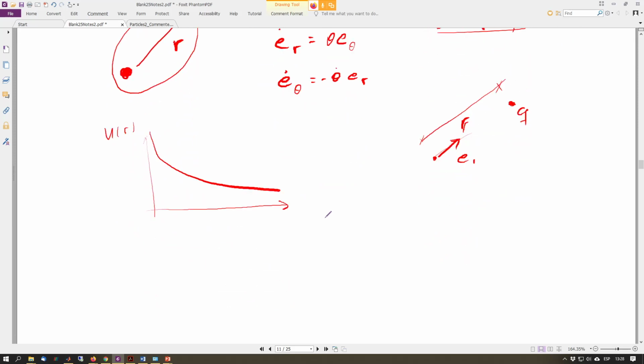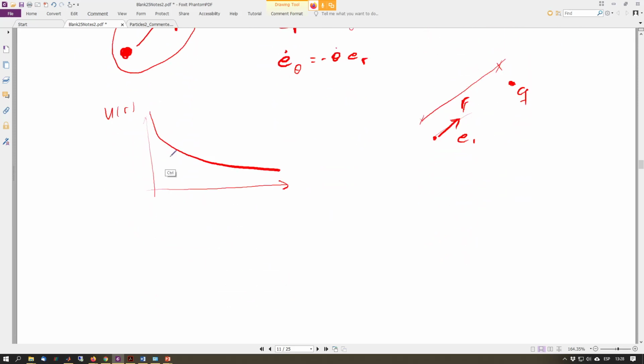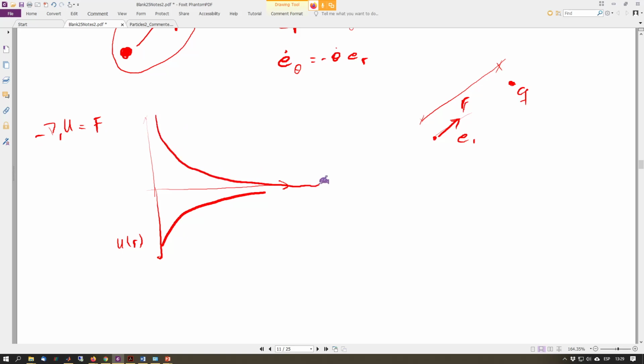The force is minus the derivative. We have a minus here because our potential is minus, such that our force is minus the derivative. We have a similar aspect, and it would also vanish with a similar trend like that.